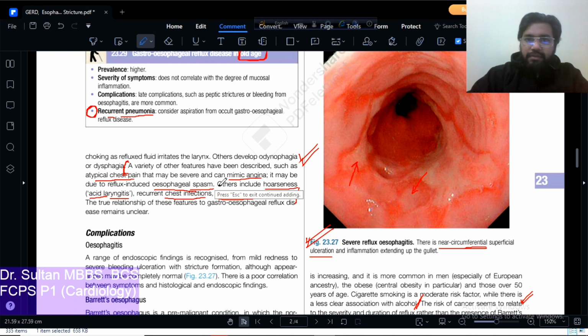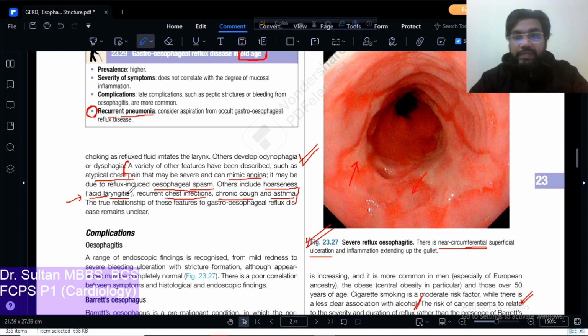This is very common. People usually say they have chest pain, and if you find the cardiac investigations normal, like ECG normal, troponin I normal, or echo normal, then you can label it as gastroesophageal reflux disease. Like I have mentioned earlier, these patients have acid laryngitis.